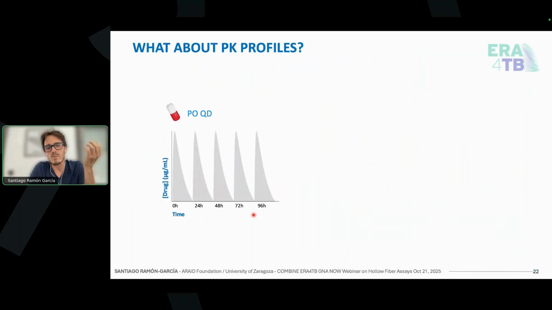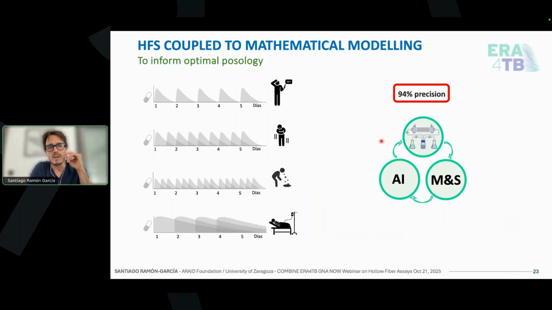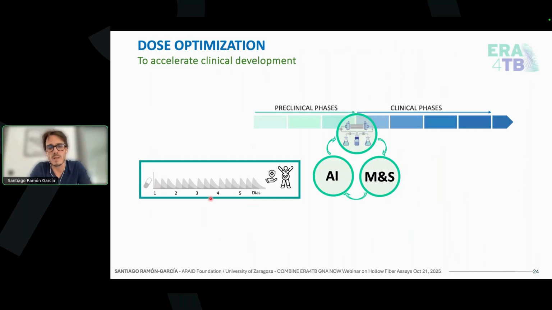And with this, we can play with the PK profiles. We can simulate oral administration once a day, twice a day, three times a day, or IV, and each one of those is going to have a different efficacy and a different toxicity. If we couple the hollow fiber system to mathematical modeling, we can predict which posology could be the most optimal one.